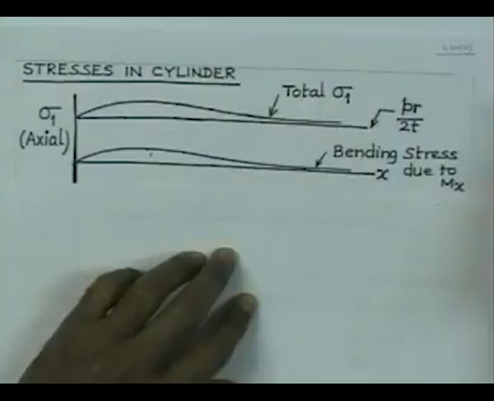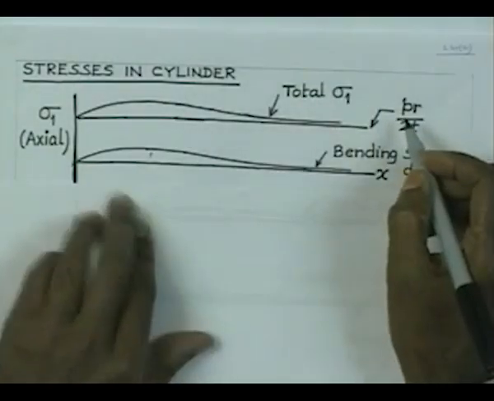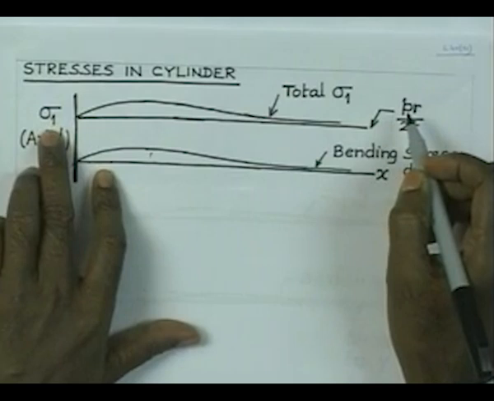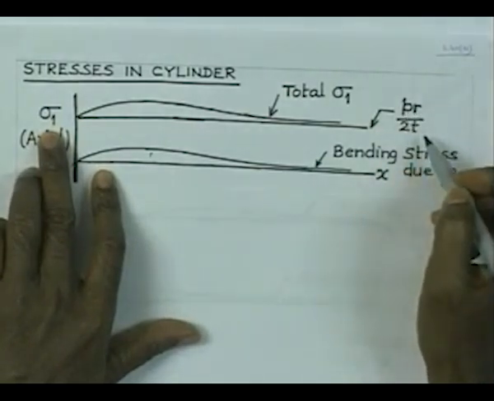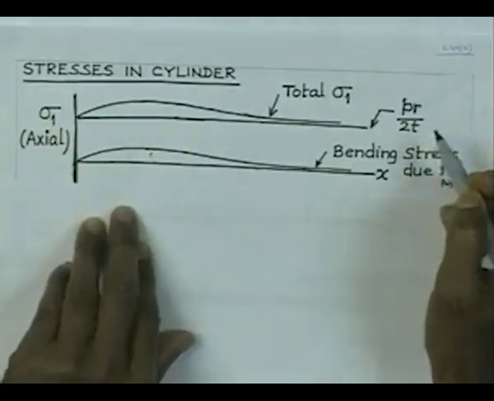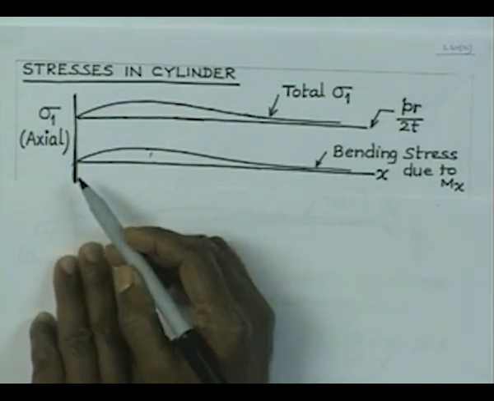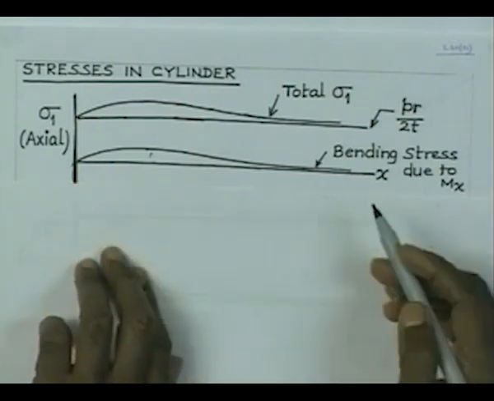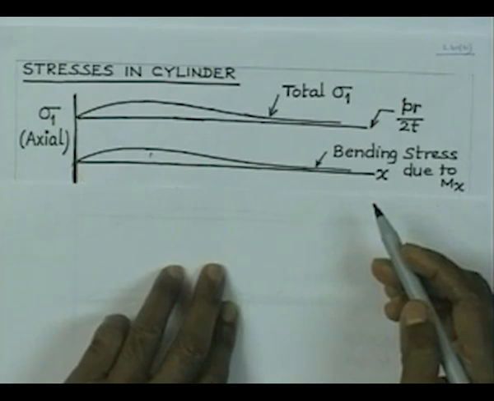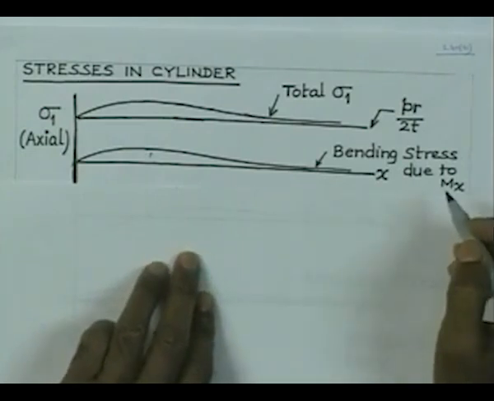If you consider first of all the stress in the axial direction, under the action of the pressure, you will get sigma 1, which is given by PR by 2t, and then variation of y will give rise to variation of mx, and that mx variation will give us variation of stress, because sigma in the axial direction is going to be 6 mx by h square.